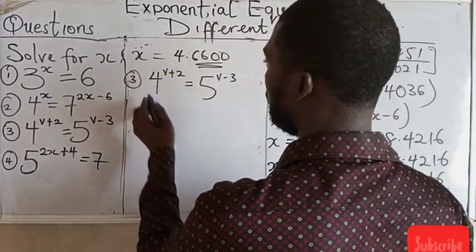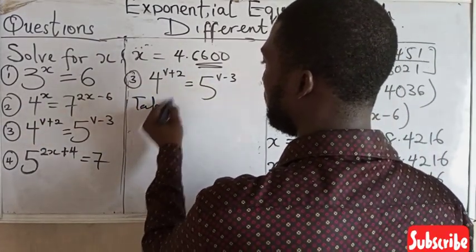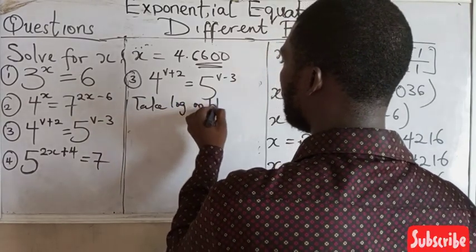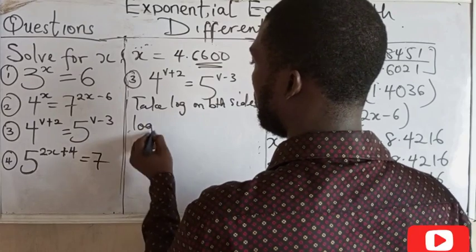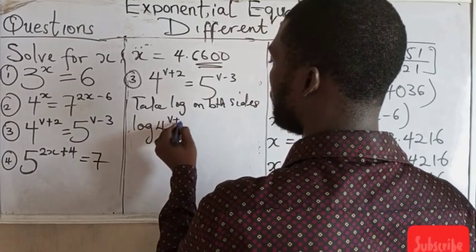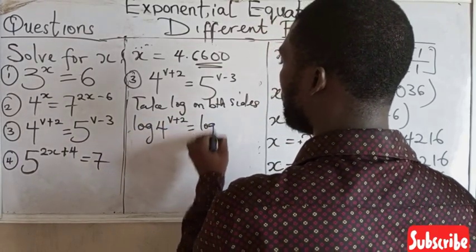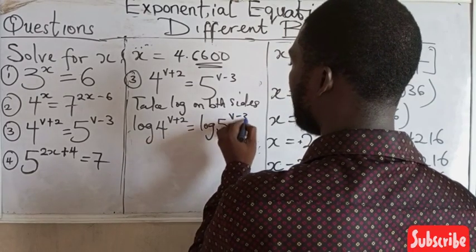What are we going to do? The first thing we are going to do is to take log on both sides. So we have log 4 raised to power v plus 2 equals log 5 raised to power v minus 3.